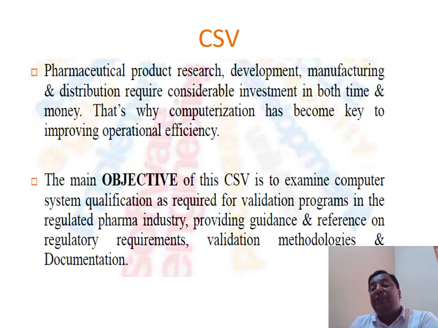The main objective of computer system validation is to examine the computer system qualifications required for validation programs in regulatory pharma industries, providing guidance and references on regulatory requirements, validation methodology and documentation.